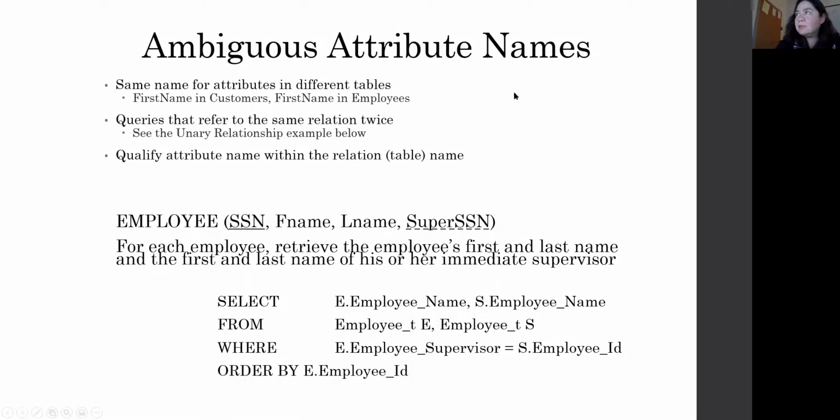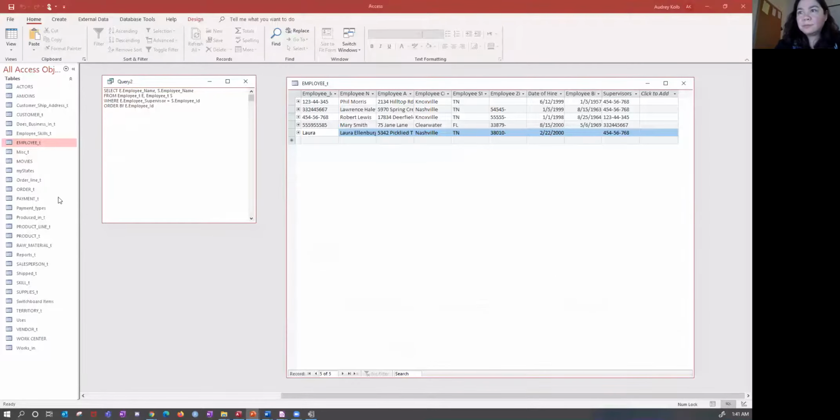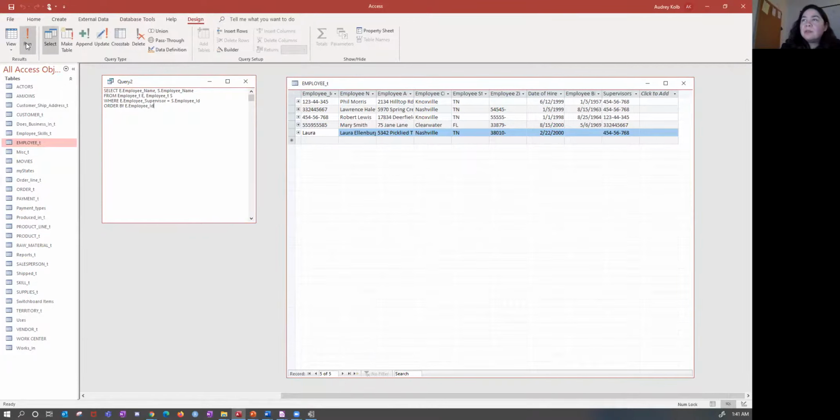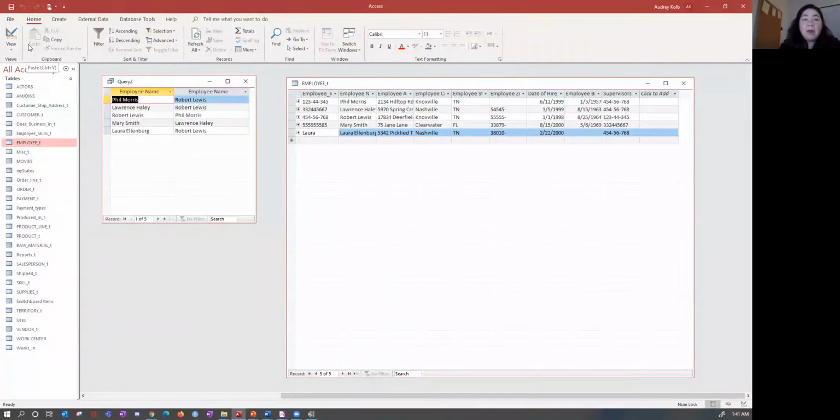So what does this actually look like? Here I have that query set up, and this is the employee table, and this is the Pine Valley database again that we've seen before. So what happens when I run this query that we have here? And the reason why I have this order by line here is so that it comes out in order, so we can easily look at this. So I run it.